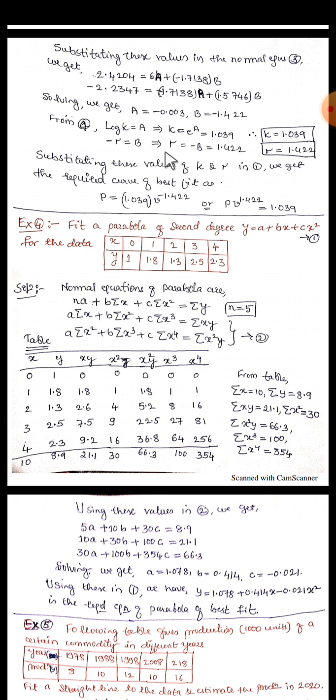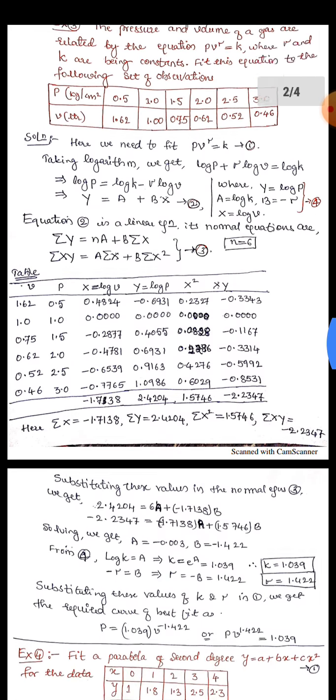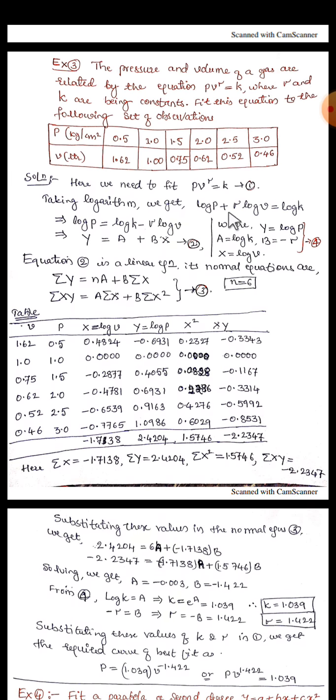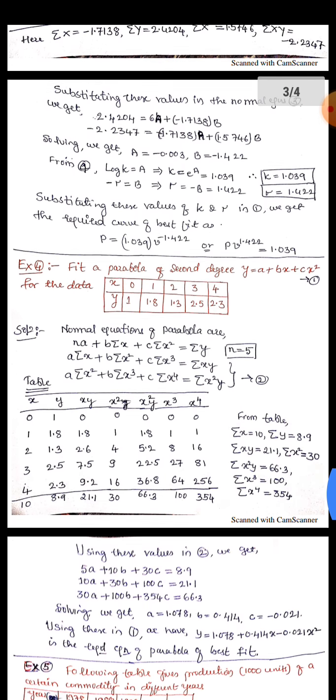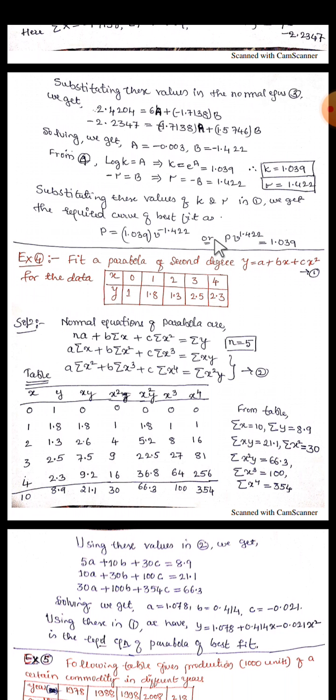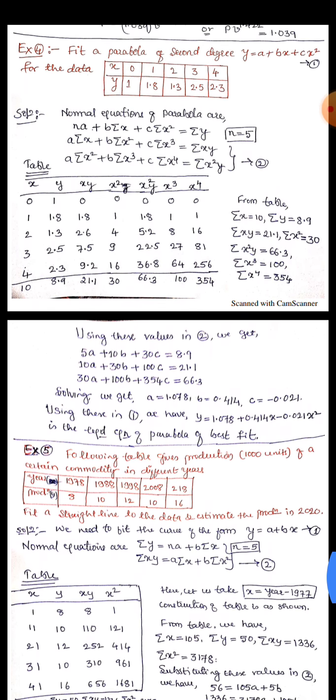Minus gamma is B, so gamma is minus B, which is 1.422. So k equals this, gamma is this. Substituting these k and gamma values in equation 1, we get the required equation of best fit as P V to the power 1.422 equals 1.039. This completes the solution for this problem.